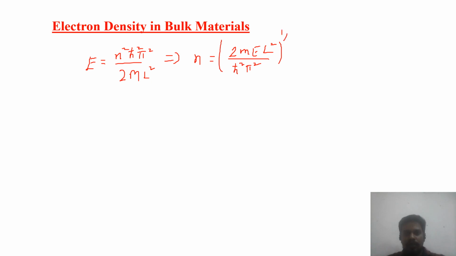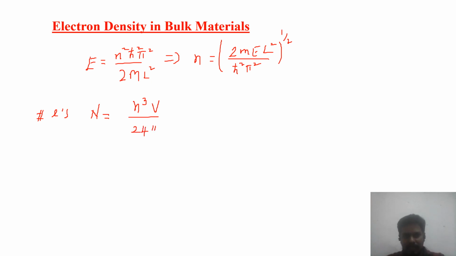This is a quantum number. Already we have done it. The number of electrons, the capital N, is equal to, we have done it, the n cube, the quantum number cube, times the volume of the material divided by 24 pi square.